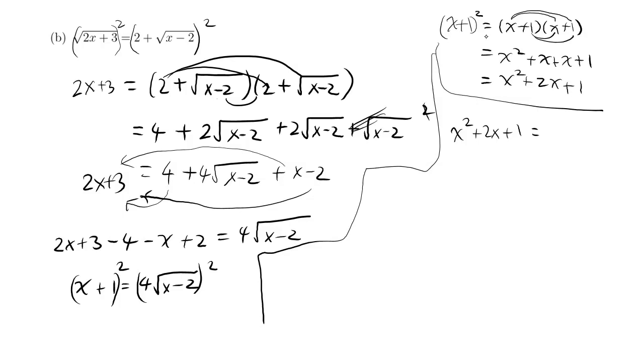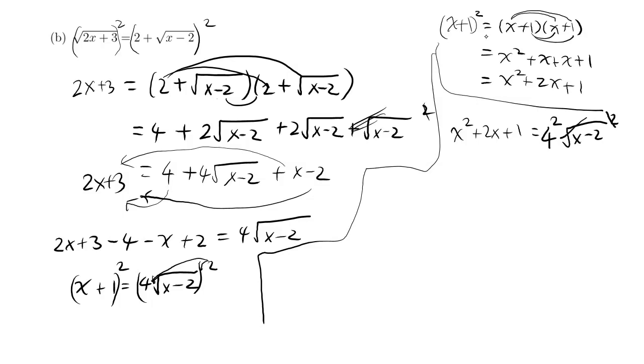to. Now this one, 4 times the square root of x minus 2, is a multiplication. So this 2 does distribute. You have to know when you can distribute and when you can't. When it's a plus, you can't. When it's a multiplication, you can distribute this power to both of them. So you have 4 squared and the square root of x minus 2 squared, and as before, the square root is cancelled by the squared.